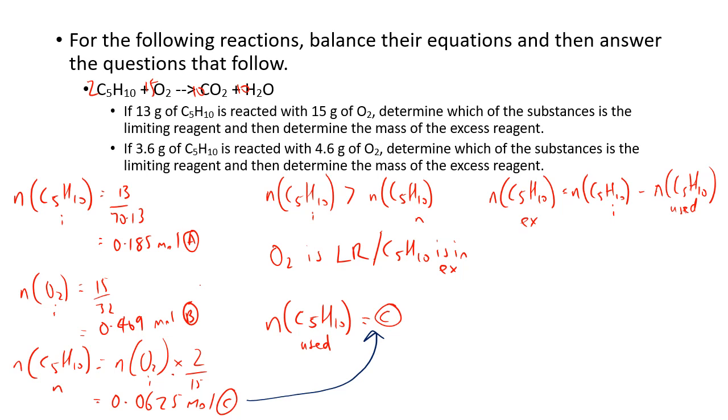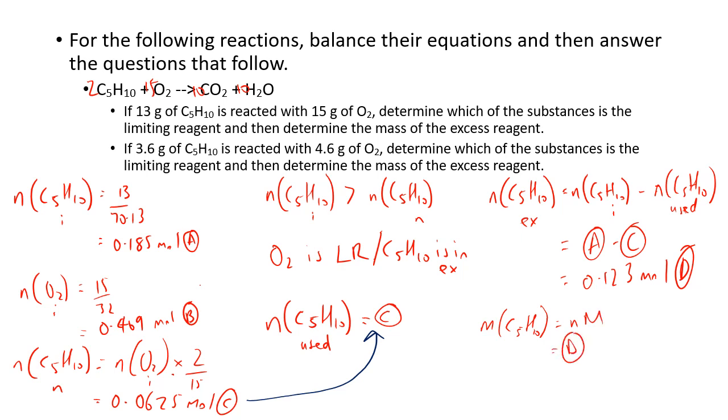How much we started off with, minus how much was used, will give us how much is in excess, which happens to be, this is why we save numbers, A take away C. It's 0.123 mole, and we'll save that as D. Then we can work out the mass of C5H10, which will be equal to n times M, which will be equal to D times 70.13, which gives us 8.6 grams. So that's the way that we can work out the mass of the excess reagent.